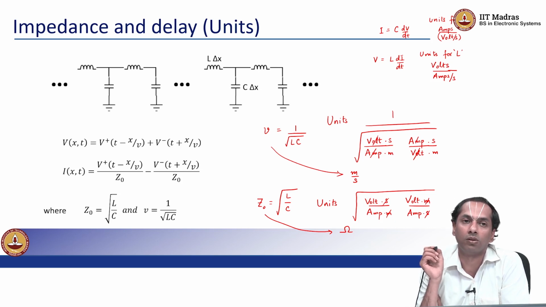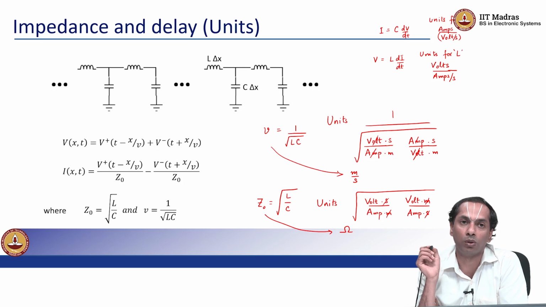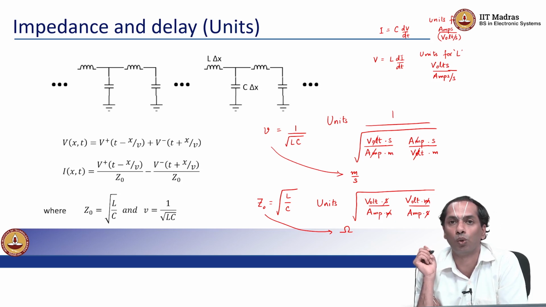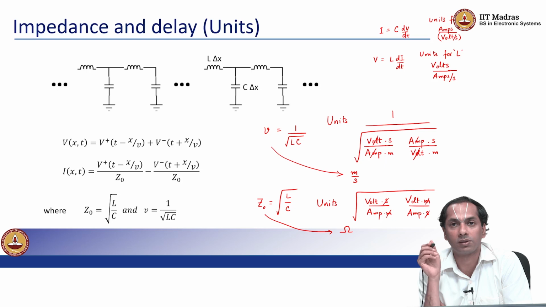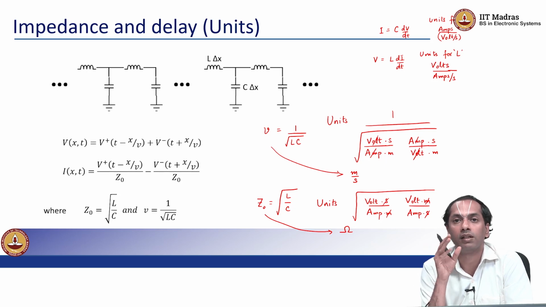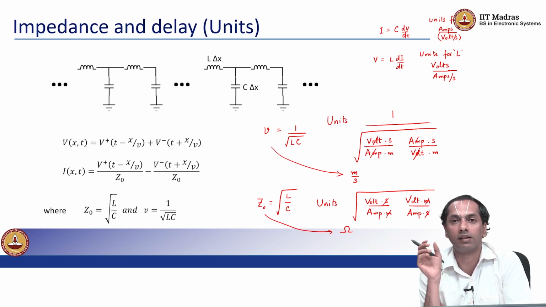Once we get the form for voltage as V plus plus V minus, when I extract the value for I from the telegrapher's equations, a certain constant Z naught appears, and its units are ohms. The picture on the top is essentially to say that the transmission line has been modeled as a sequence of LC circuits.